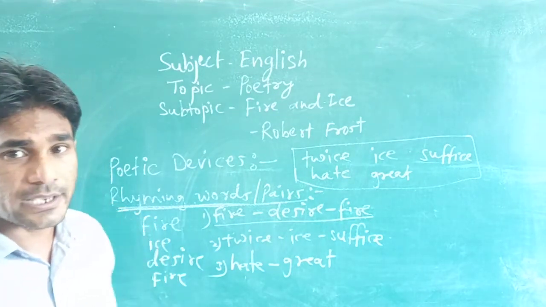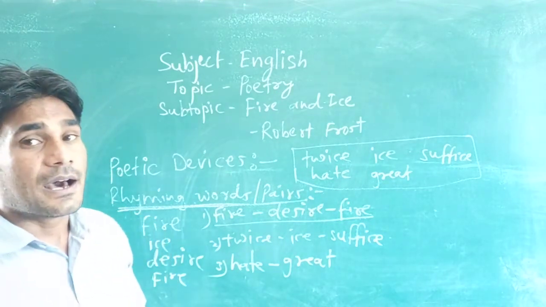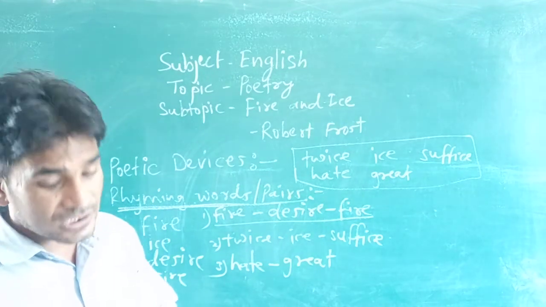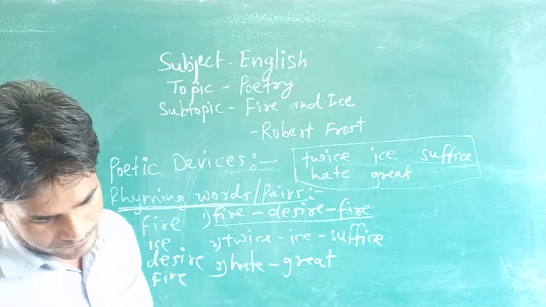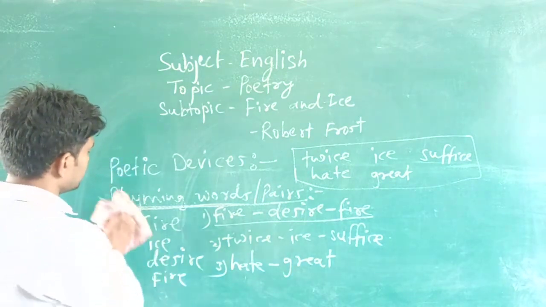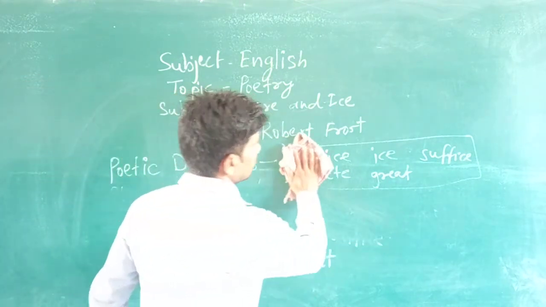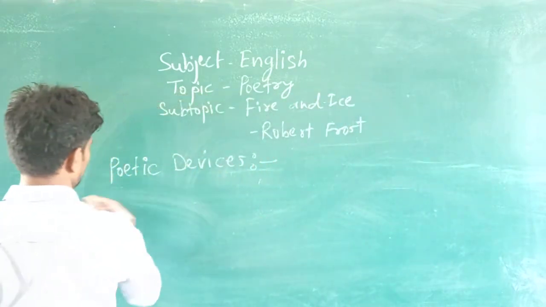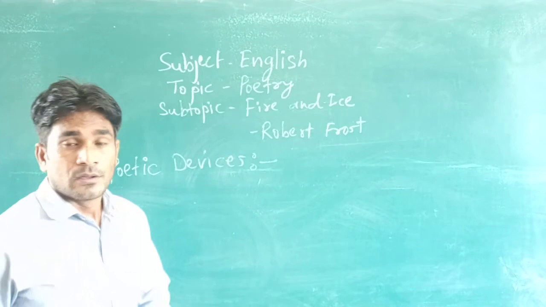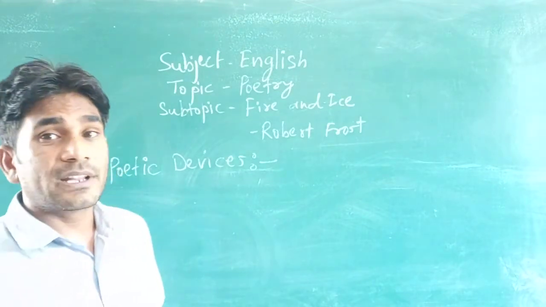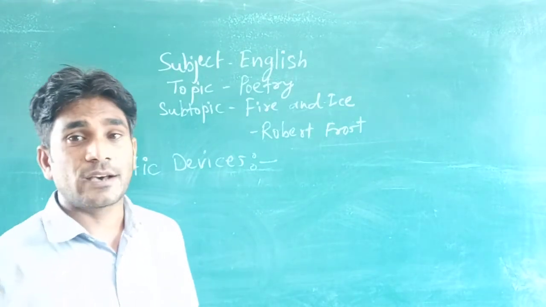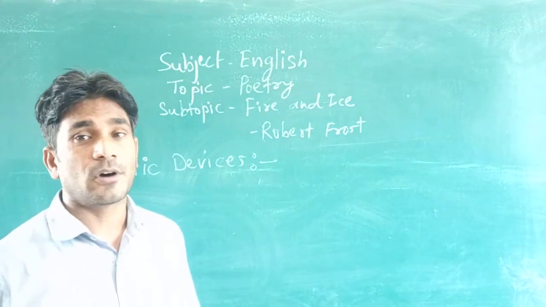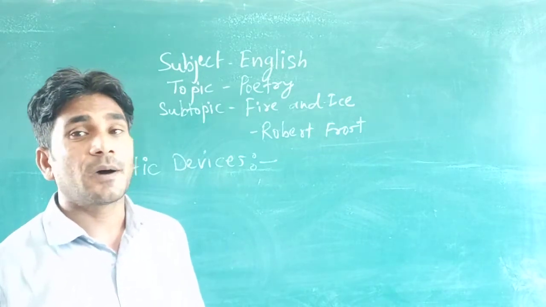Next, after this let's see the rhyme scheme, the rhyme scheme of each stanza. So what is rhyme scheme? As we have seen, it is decided with the help of alphabets.